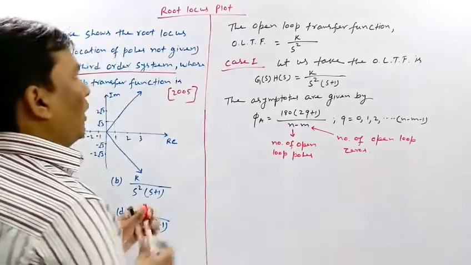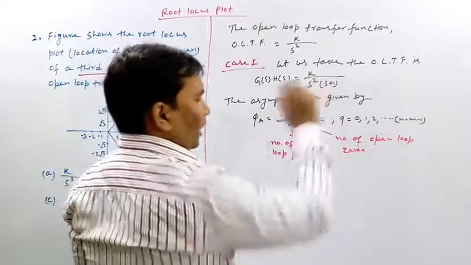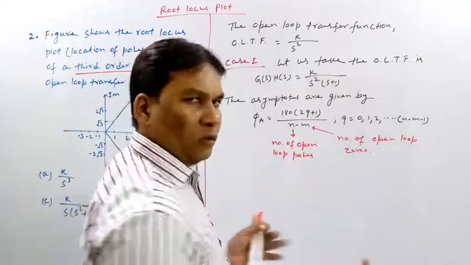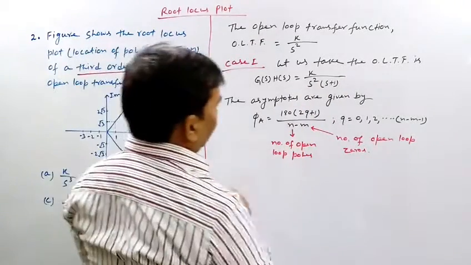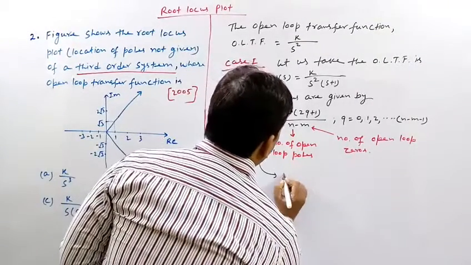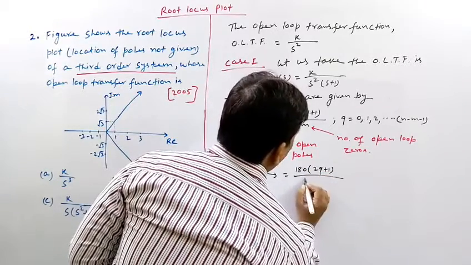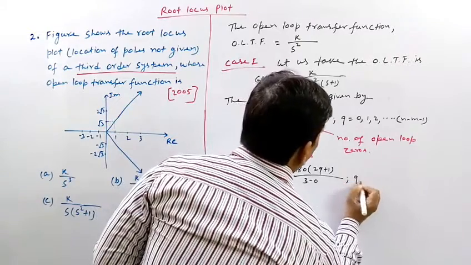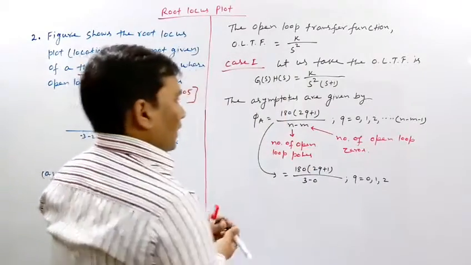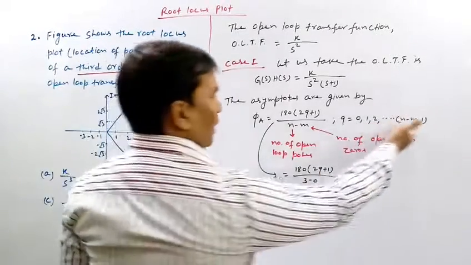So how many open loop poles does the OLTF have? It has 3 open loop poles, so n will be equal to 3. And how many open loop zeros? There is no open loop zero, so m will be 0. Now we can write 180 degree multiplied by 2q plus 1 divided by 3 minus 0, and q will vary from 0, 1, 2, because it goes up to n minus m minus 1. n minus m is 3, so 3 minus 1 means 2.